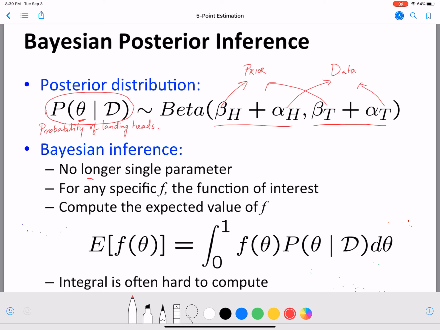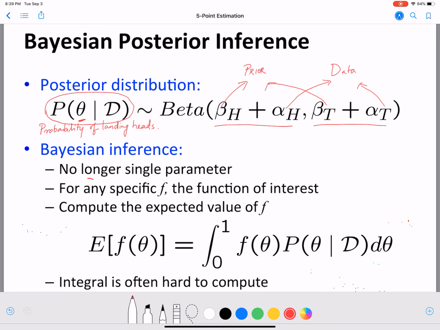We could be interested in theta or some function of theta which could be our parameter. If theta is our parameter of interest, this just becomes expectation of theta instead of expectation of f of theta. It would look similar. F of theta would just be equal to theta.